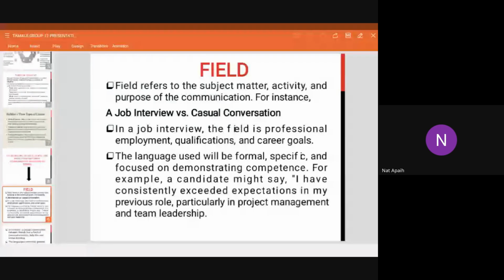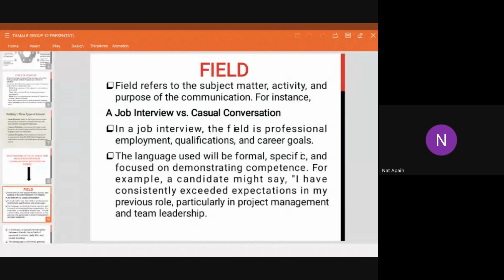So you realize that the language that we use in a job interview will be formal. There is no room for jokes. There is no room for familiarity. It is formal and it is straight to the point. So that is the field. So when we're talking about field and we're talking about a job interview, the language will be formal.